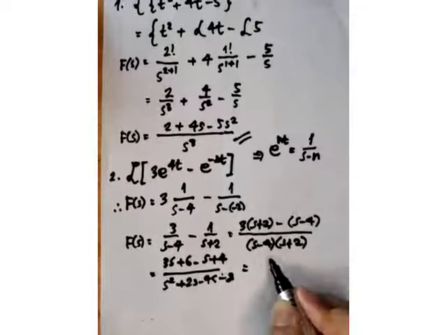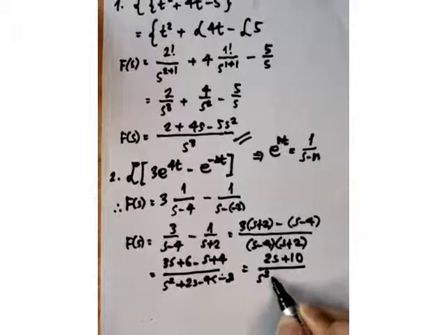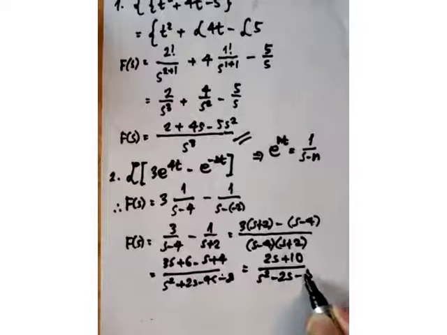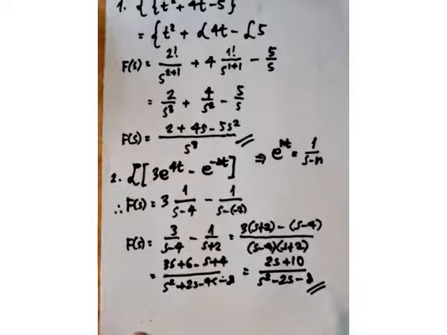So that's equal to 2s plus 10 over s squared minus 2s minus 8. So this is our Laplace transform.